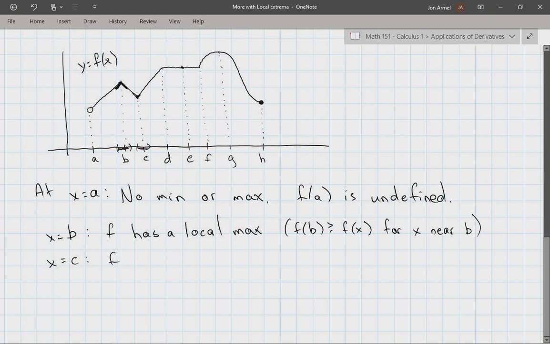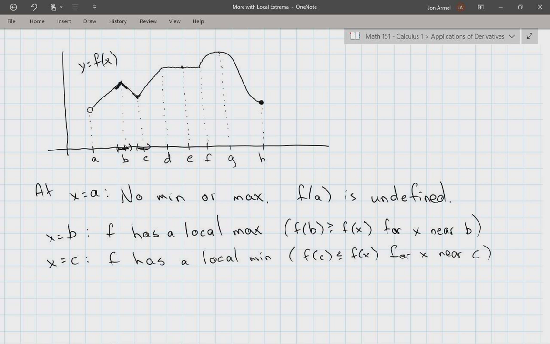So I would say at x equals c, f has a local min, because f of c is less than or equal to f of x for x near c. Okay, so those are the simpler ones, I would say. Maybe g is also pretty simple, but d, e, and f are weird.